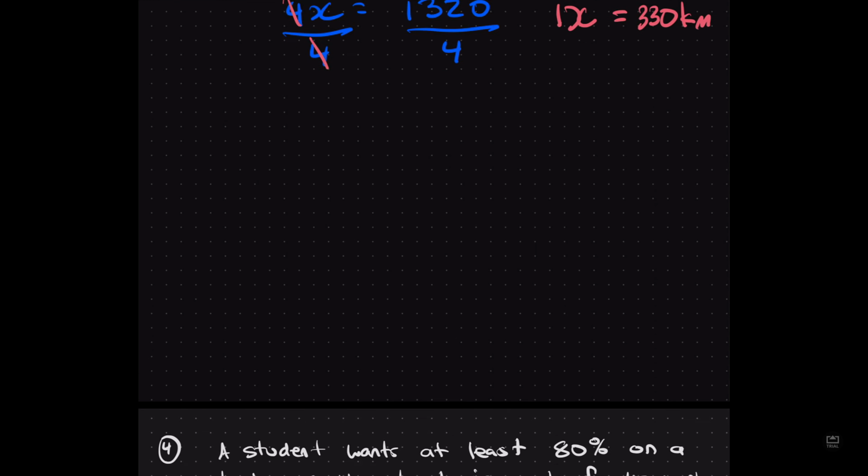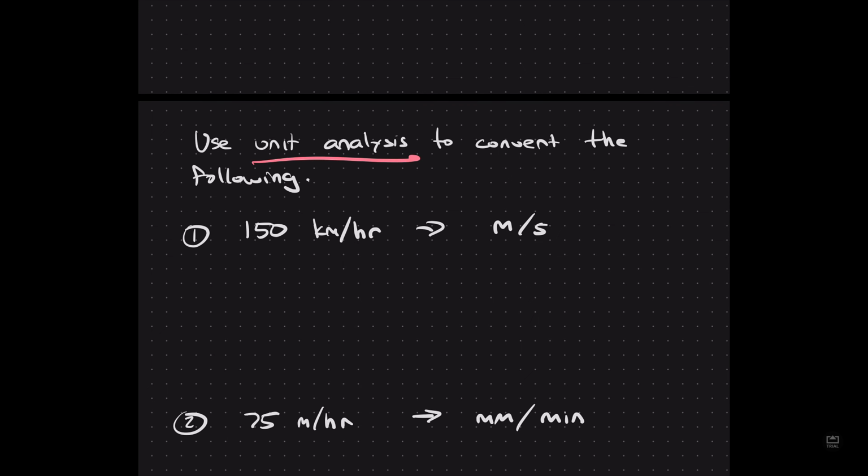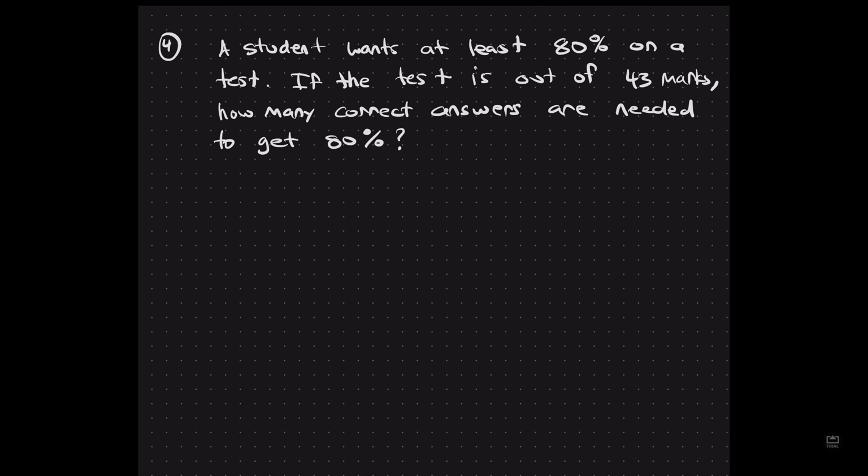All right, and the last question, I believe, in this section, before we move on to unit analysis, is going to be this one right here, proportional reasoning. So equals, line. A student wants 80% on a test. Now, we all know that 80% is not really a number that we use in any calculation.